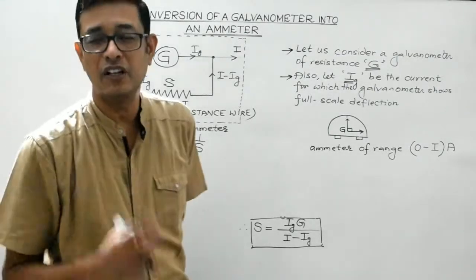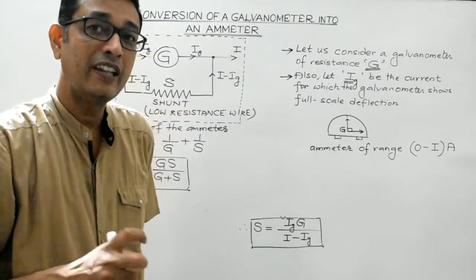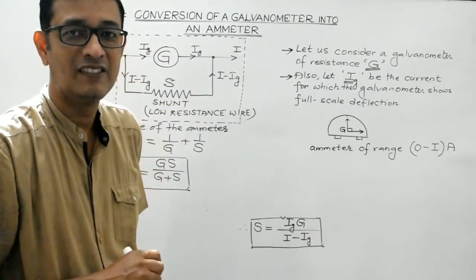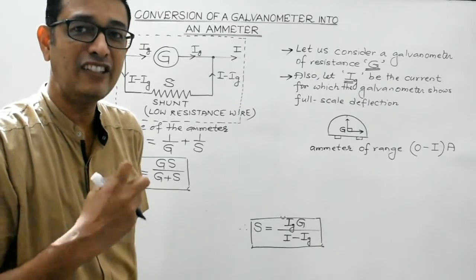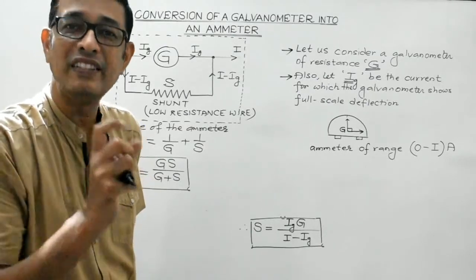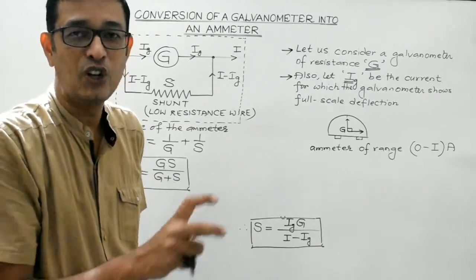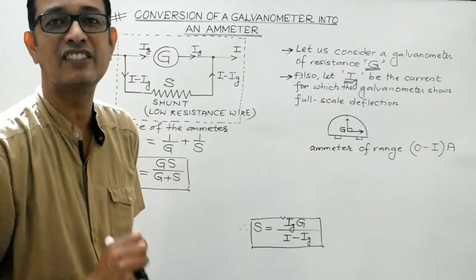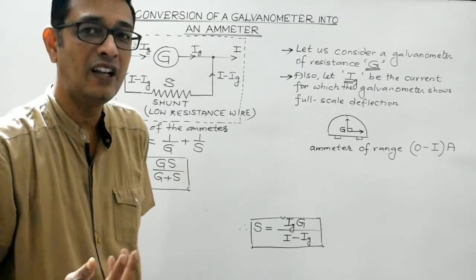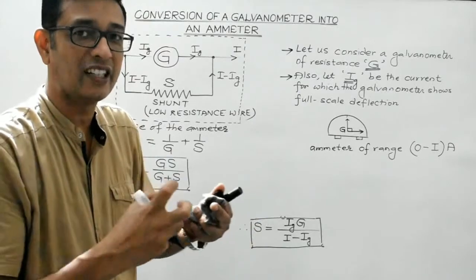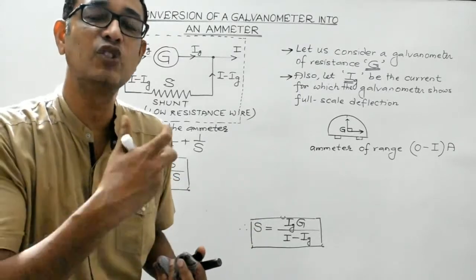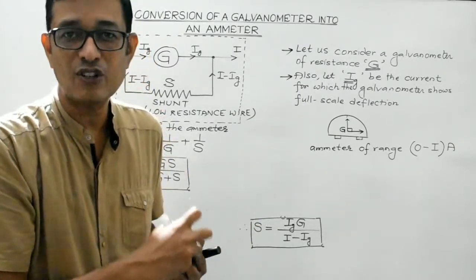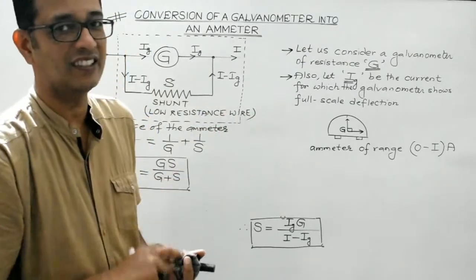Also, we are very much aware of the fact that in the parallel grouping of resistors, the resultant resistance is always less than the value of the two given resistances, isn't it? What I mean to say is that whenever two resistors are connected in parallel, the resultant resistance is always less than that of the individual resistances.